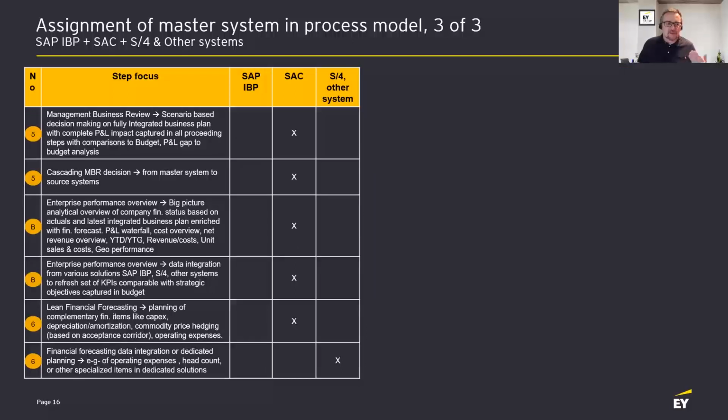And finally, one of the last elements of the assignment of the process steps to the leading system is the planning of your management business review, planning your analytic capabilities, and lean financial forecasting. So here you see that the focus is more on leveraging SAP Analytic Cloud and the transactional data than SAP IBP itself, because we are going beyond the traditional supply chain planning solutions.